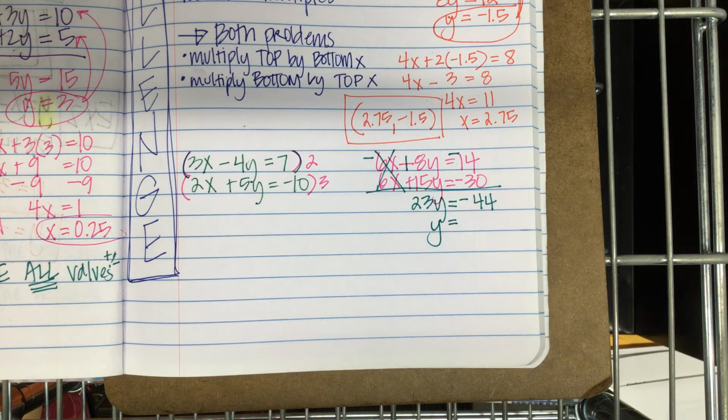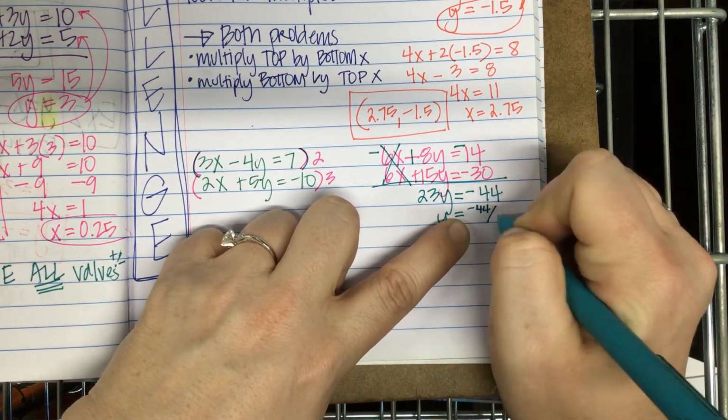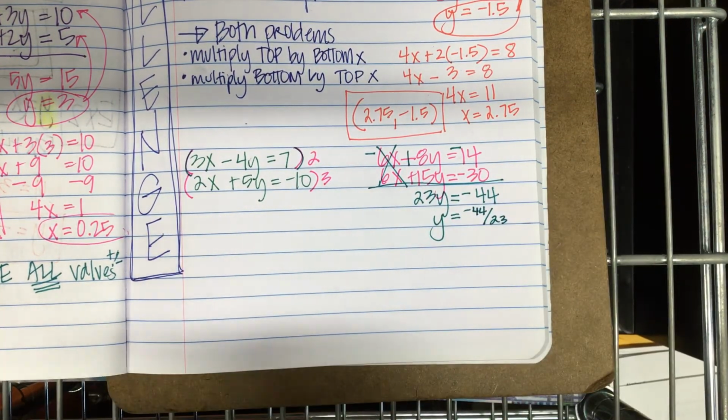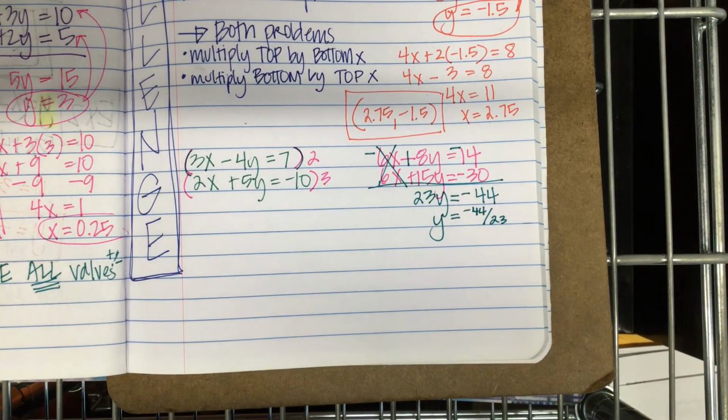Not one I know off the top of my head. It's less than 2. Is it big? Yes. So I'm just going to leave it as a fraction. Negative 44 over 23. Is that the same thing? Yes. That's just an easier way of writing the problem instead of rounding a decimal.